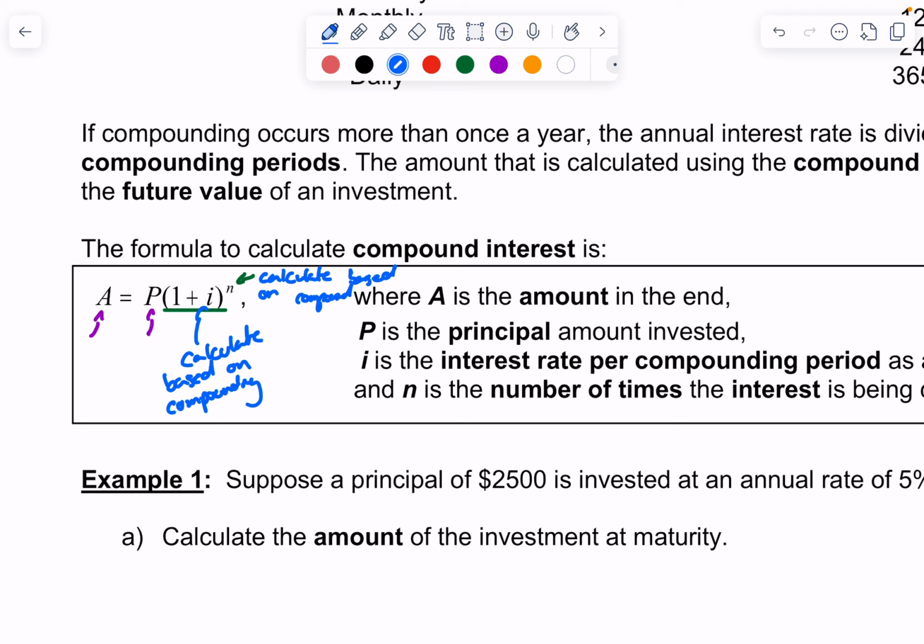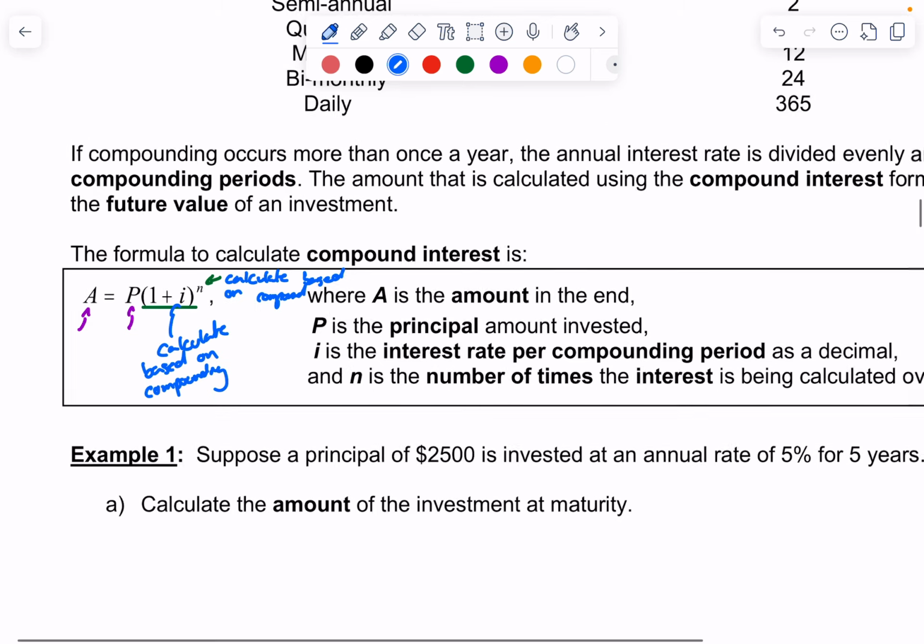Whenever you approach a problem and it gives you your I, your interest rate, and your N, the number of years being applied, make sure that you are accounting for how many compounding periods are occurring before you plug those numbers into your formula.